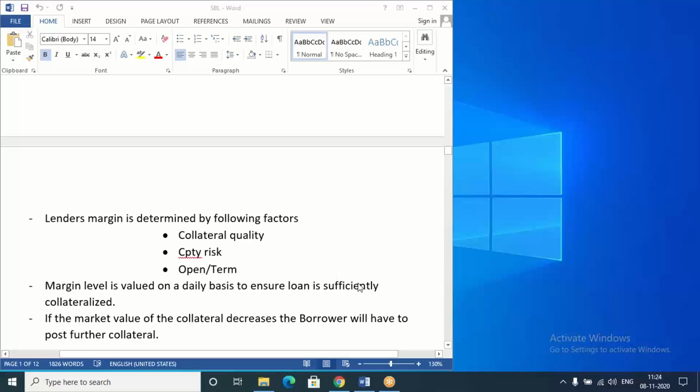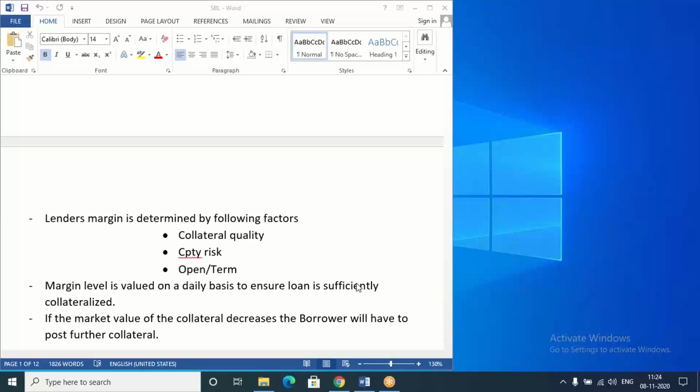So, as I mentioned, usually they'll either charge 102% if it's in the same currency, or 5% if it's in another currency, but it can also depend on the lender, on how much lender's margin he wants on top of the collateral.